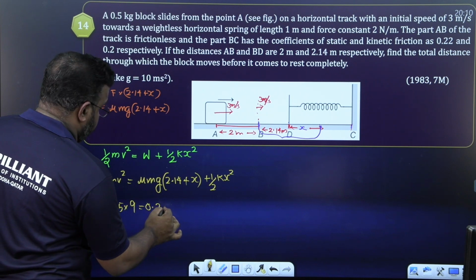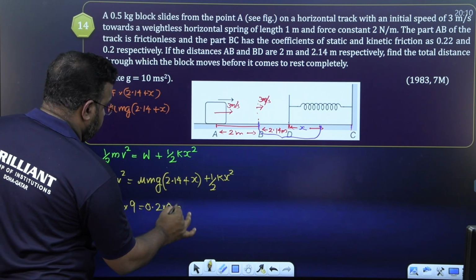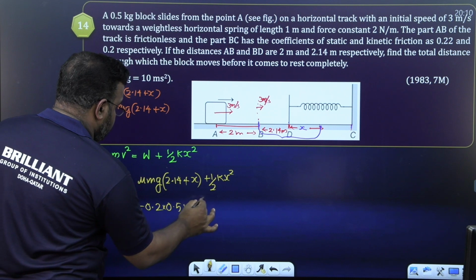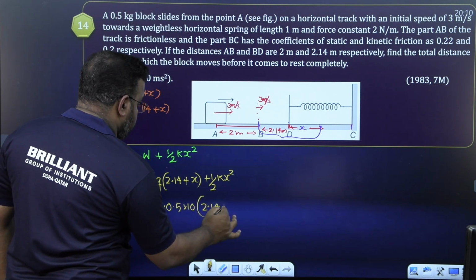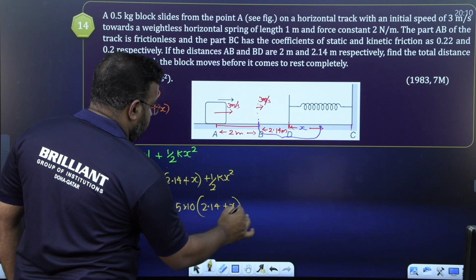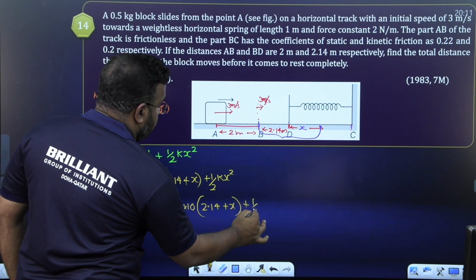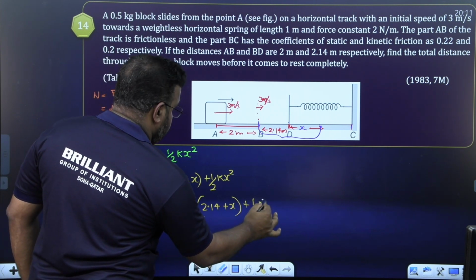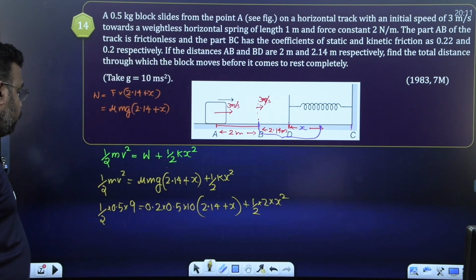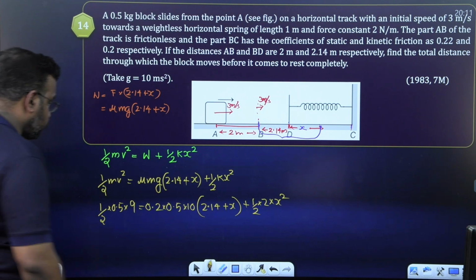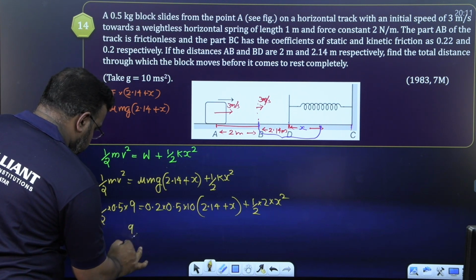Mass is again 0.5. G is 10 into 2.14 plus x plus half into k is 2 into x square. This will be 9 by 4.